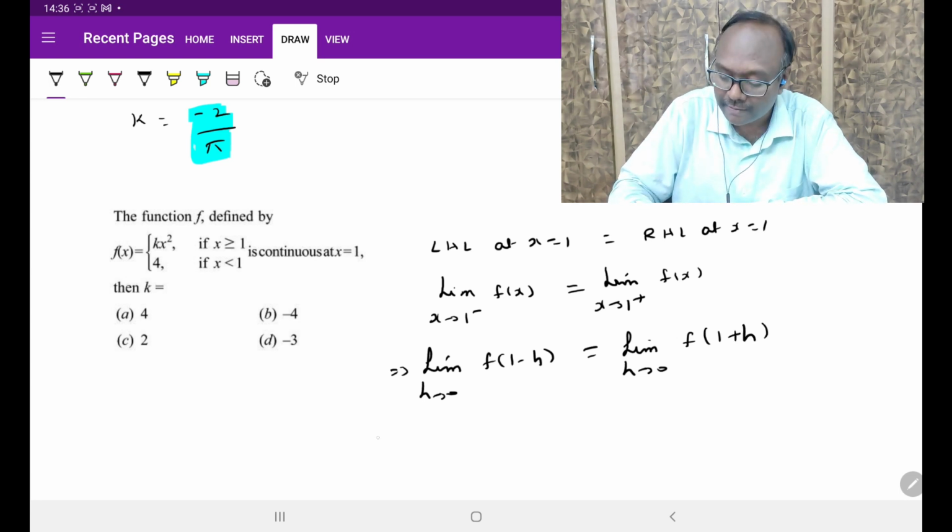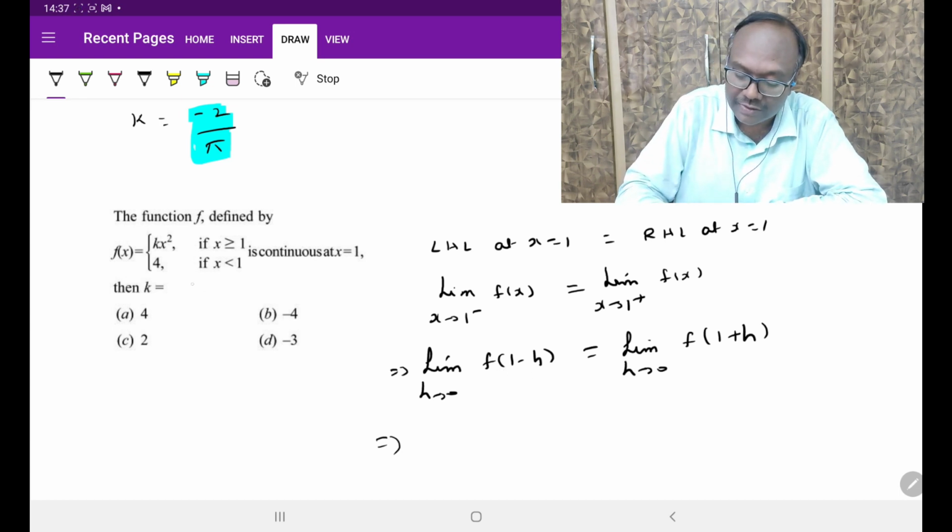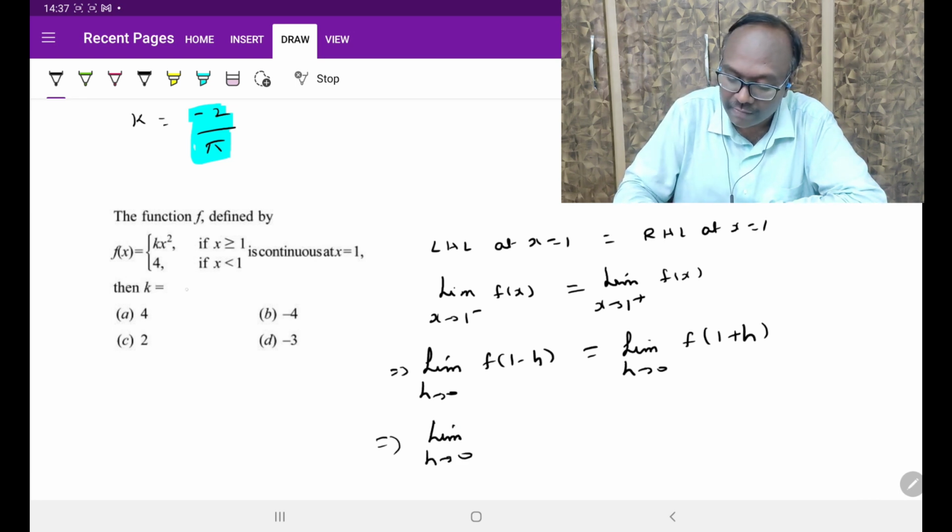Now all these problems rely on choosing the right definition. So for the given input, 1 minus h is less than 1. So I have to choose the second definition. So limit h tends to 0 f of 1 minus h will be 4, and when I take 1 plus h, that is more than 1, I write it as k into x square.